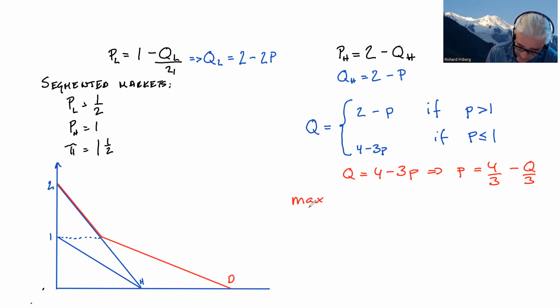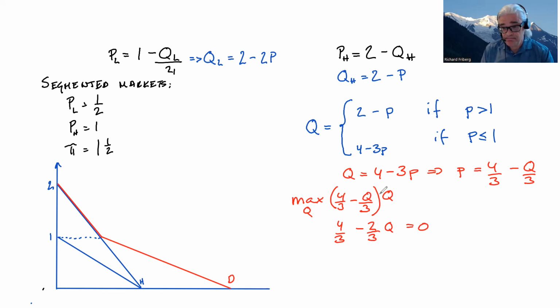Well, now the firm again sets quantity to maximize profits, which are what? Well, it's the price, which is now given by 4/3 minus Q/3, times Q. Okay, where's the top of the hill? The first order condition for profit maximization, differentiating with respect to Q, gives 4/3 minus 2/3 times Q, and that should be equal to 0.